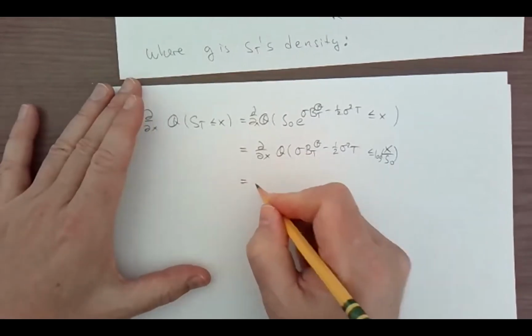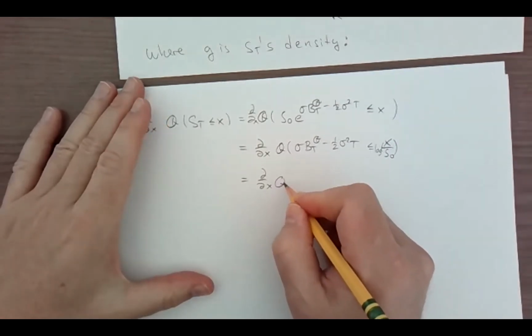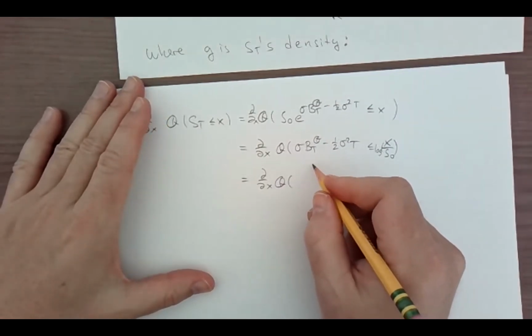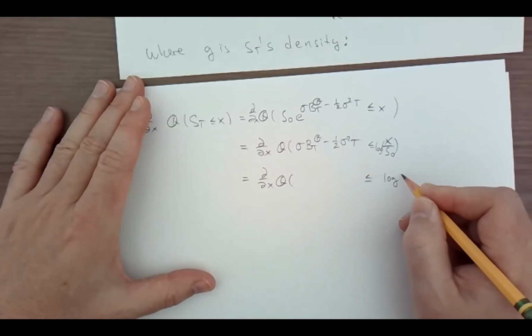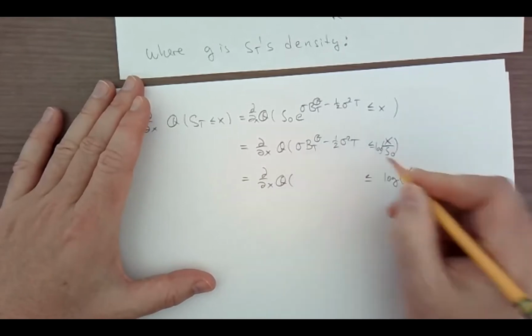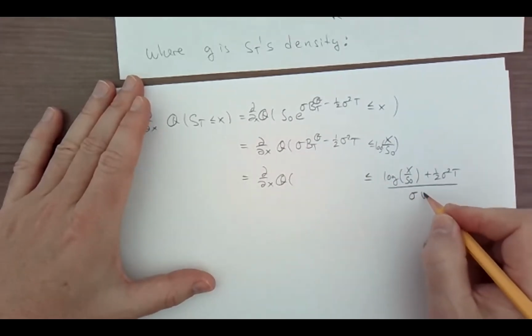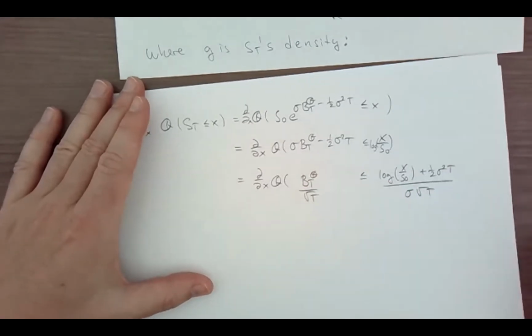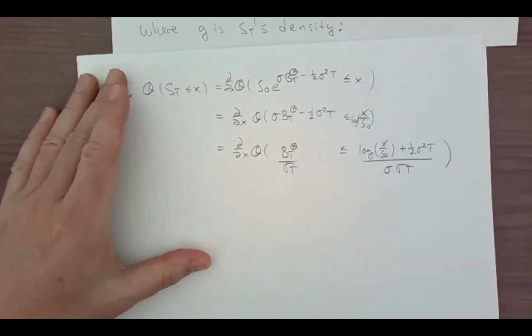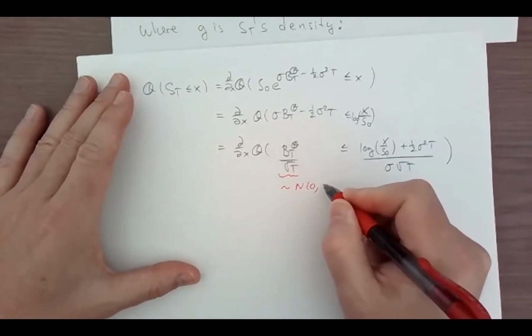Sigma square root T. This will be Q. So on the other side, I'll have log x over S0 plus 1/2 sigma squared T. I want to normalize by sigma square root T. So this leaves me with B_T^Q divided by square root T. And I want to use this one here, standard normal, mean 0, variance 1.